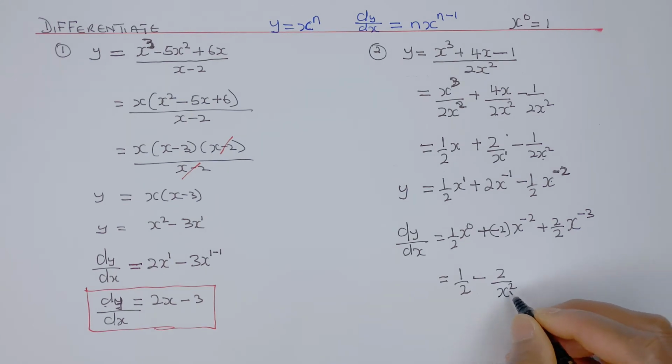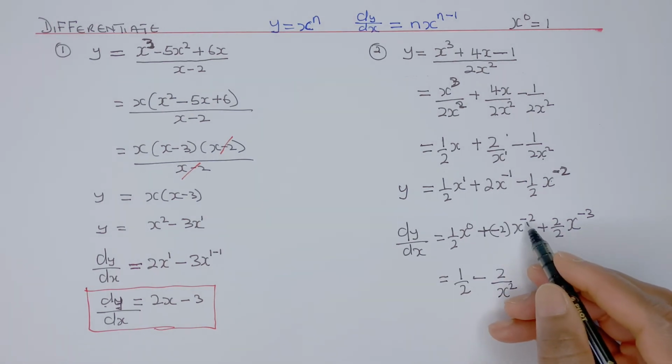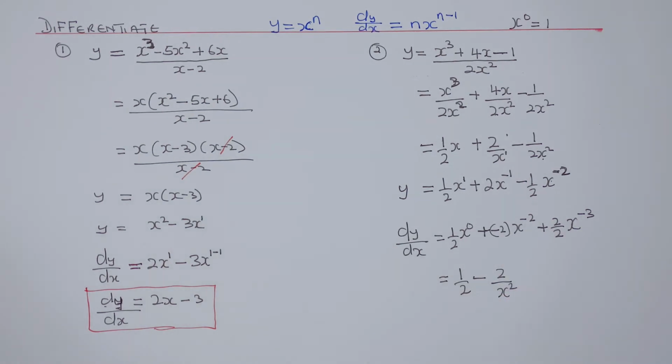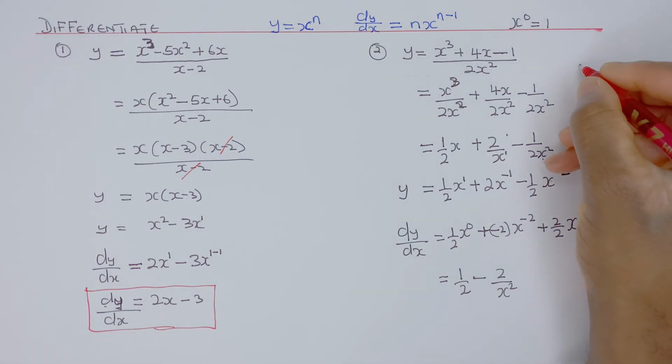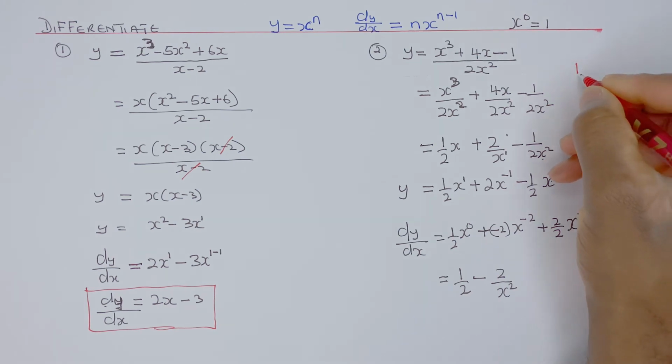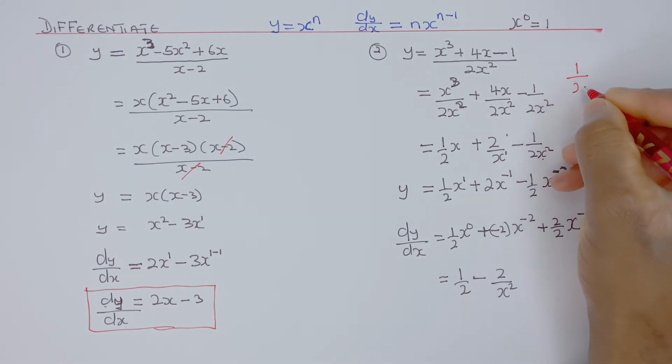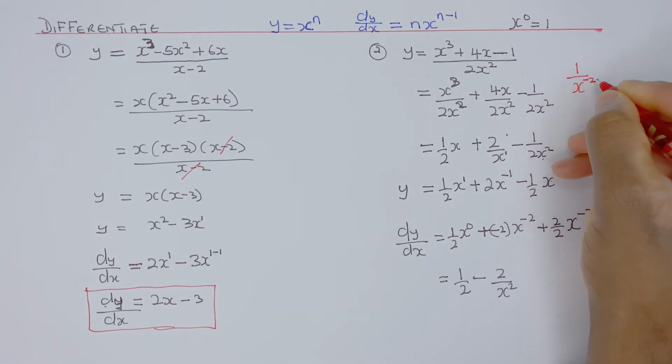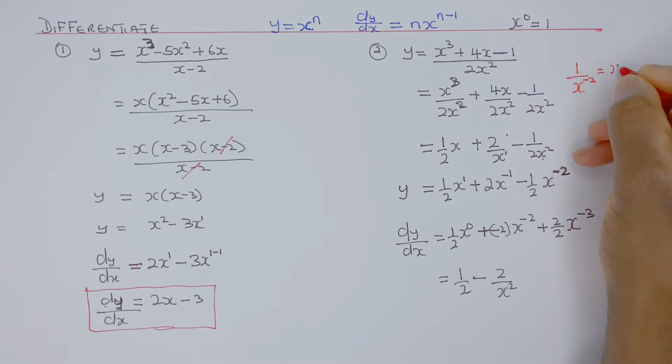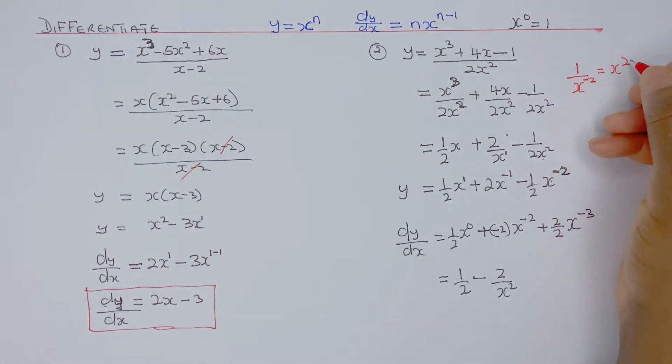So I'll just put it back to normal, because that's x to the power minus 2. Just remember, the relationship between negative power and positive power is inverse. 1 over x to the power minus 2 will be x to the power 2. You just swap them.